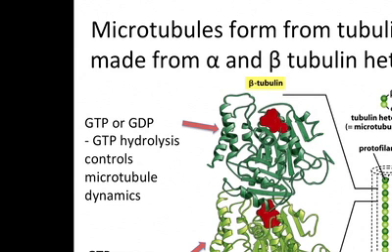We're talking about how if you have a GTP cap, then the bulk of the tubulin dimers that have been added will still be GTP bound. They won't have GTP hydrolysis yet. People always think GTP cap means there's a GTP bound to the top of your microtubule. That's not the GTP cap. It's that the most plus end subunits are GTP bound because GTP hydrolysis has not happened yet. Questions?